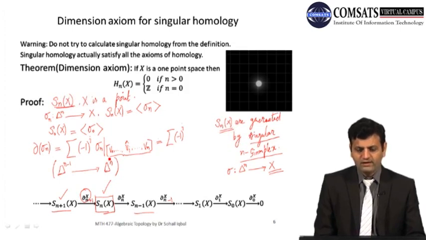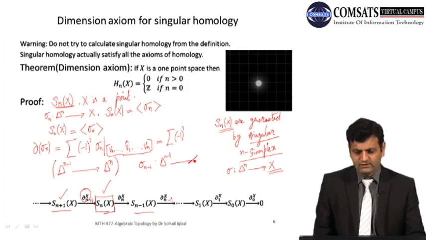So how many continuous maps are there from the standard n minus 1 simplex? Let's say I have a map from the standard n minus 1 simplex to x. Once again x is a point, so how many maps are there from this standard n minus 1 simplex to x? Of course there is only one map.